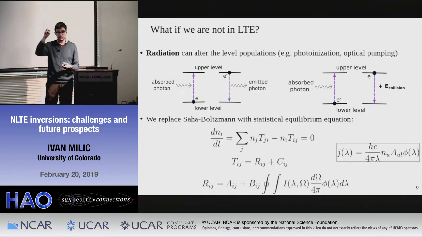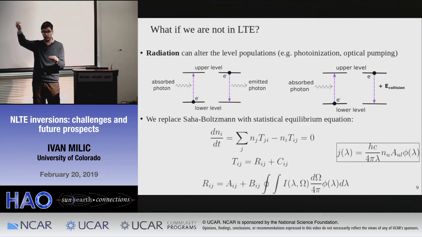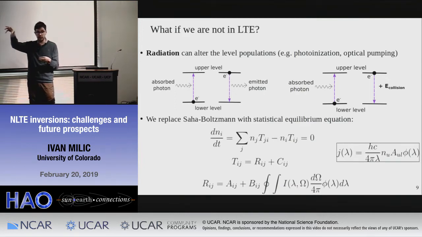If I take, for example, very cold gas and I illuminate it with radiation, I can ionize or excite it as I wish, but its ionization or excitation state doesn't depend on local quantities anymore. And in a way, that happens in the solar atmosphere as well. When the medium becomes transparent enough and dilute enough, the radiation from one part of the atmosphere can influence the ionization and excitation state in the other ones.